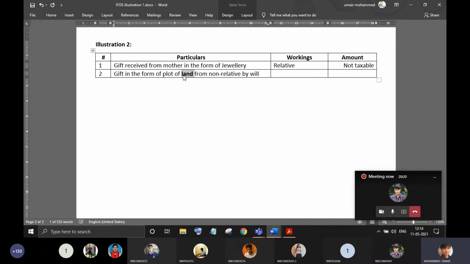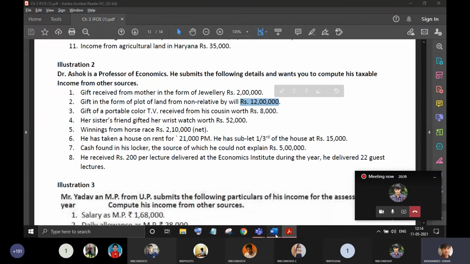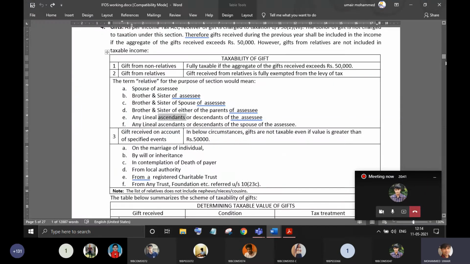In case of immovable property, we have to go with the value mentioned in the agreement, or the stamp duty value as it is also known. Here the value is already given, so you don't have to break your head. Otherwise, we have to follow this rule which is mentioned here.